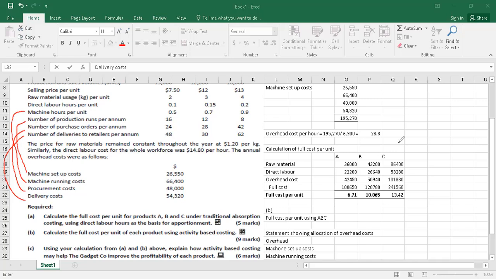Okay, so let's write these items here. First, we have the overhead cost, then the cost driver.